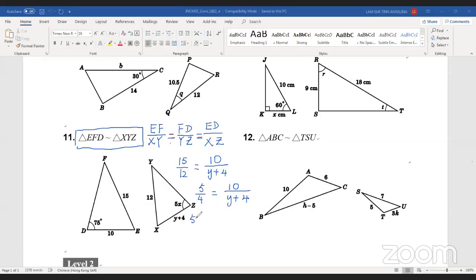And then we have 5 times Y plus 4 equals 10 times 4. Expand the brackets here. 5Y plus 20 equals 40. 5Y equals 20. Y equals 4.